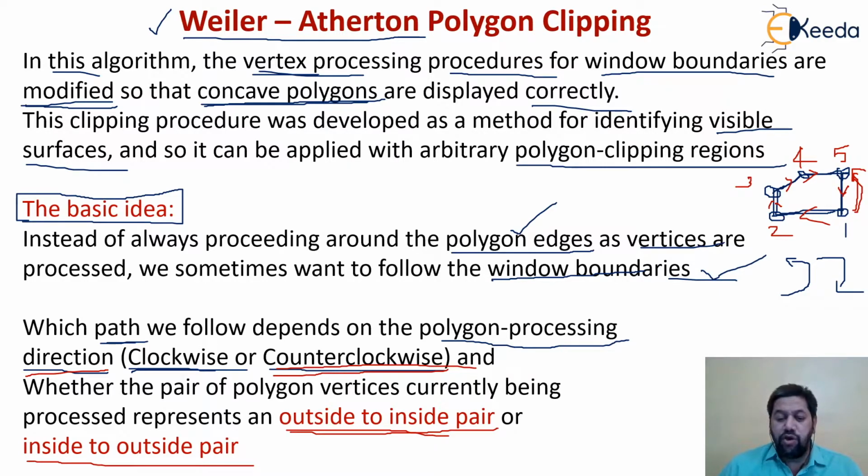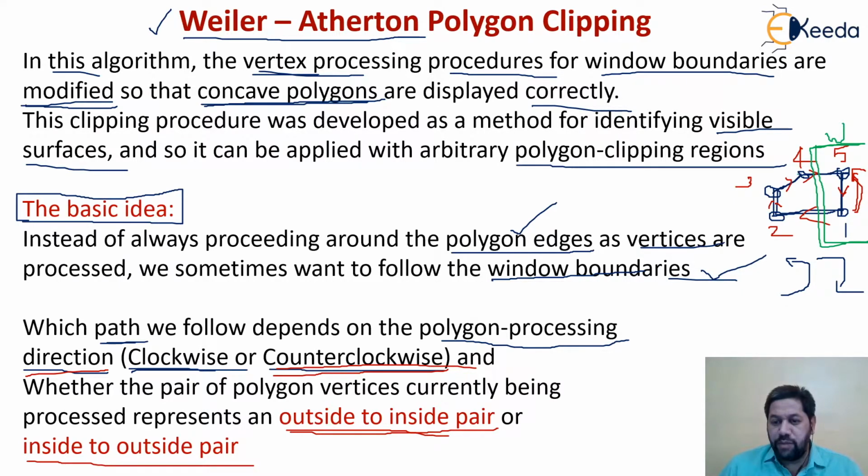Now what is the meaning of this? For example, I take this as green. Consider here, this is my window. Whatever I have shown in this diagram with the green color, this is my W, which stands for window. Now for this window, what is meant by outside to inside?